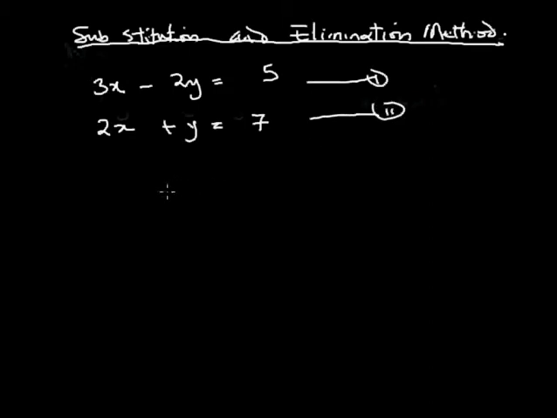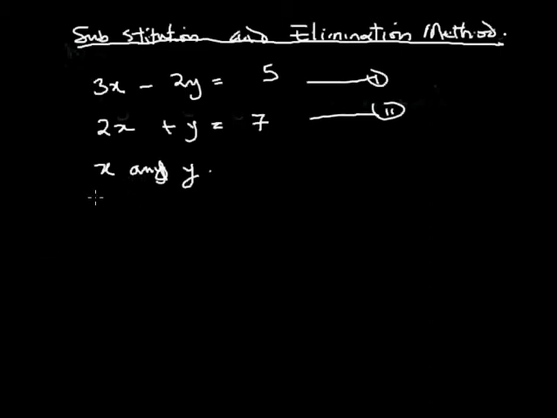These two equations, we can solve for x and we can solve for y. These are the two values we are looking for. To solve this, we can use either the substitution method or the elimination method. Let's use the substitution method.